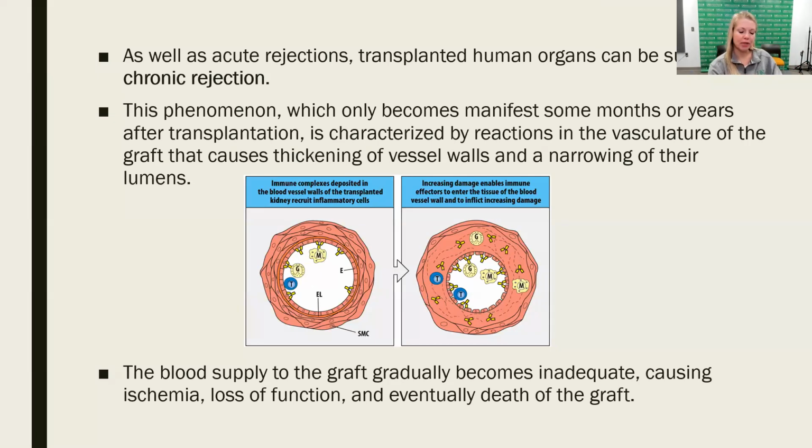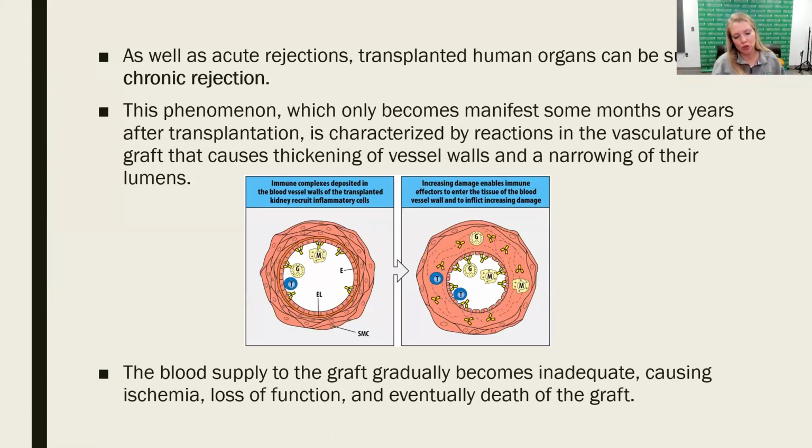This can happen months or even years after an organ has been transplanted. Typically, this is going to look something like thickening of the vessels within the vasculature of the organ itself, and that will cause narrowing. As those vessels get thicker and thicker, the lumen of them gets smaller and smaller, allowing less blood flow through there.